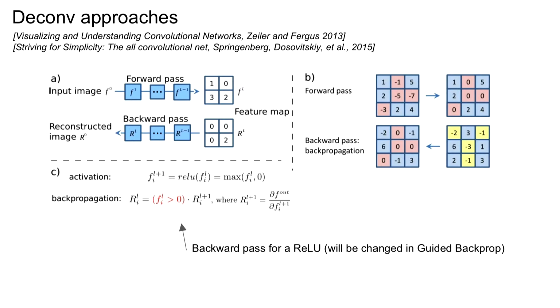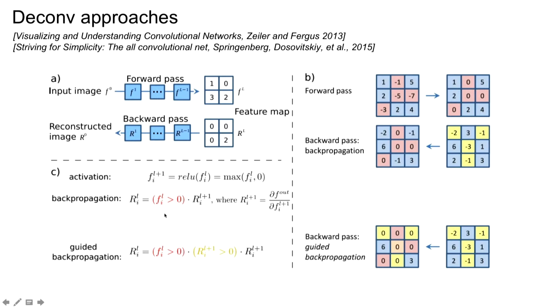So basically, after we apply the zero mask here, we get the same gradients, but the pink pixels are zeroed out going backwards. So the back propagation with a normal ReLU removes negative activations.